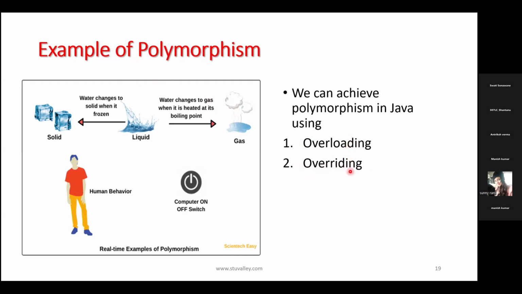Overriding is only possible in methods because constructors never get overridden. Only constructor overloading is possible. So we can achieve two types of polymorphism basically. Constructor and method overloading is compile-time polymorphism, and overriding is runtime polymorphism, because it will be achieved at runtime, and at compilation time the overloading gets resolved.